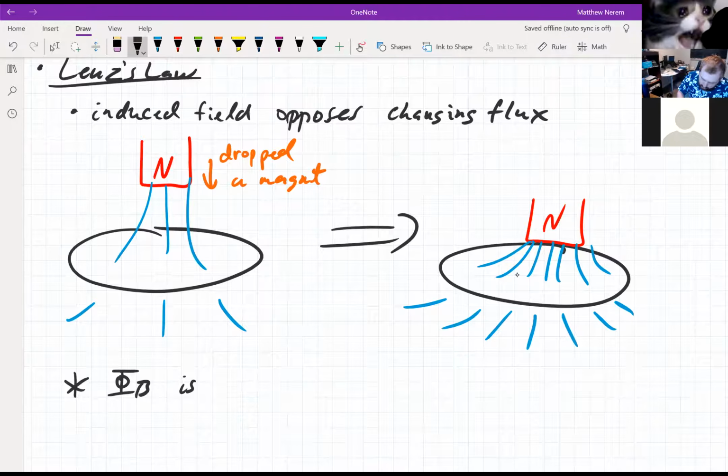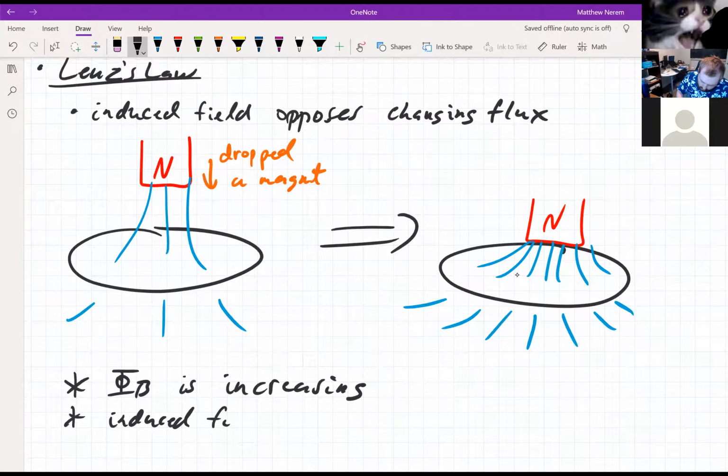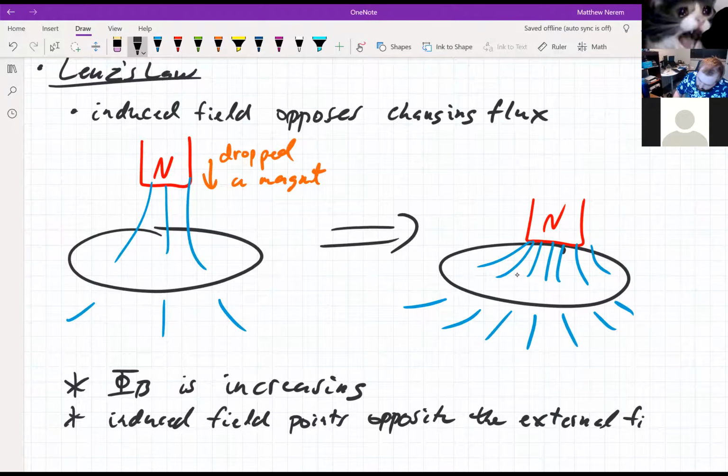Phi B is increasing. Magnetic flux is going up. The induced field points opposite the external field. And let's put some arrows on these. Scrub a little bit, I'll try to keep them on screen.